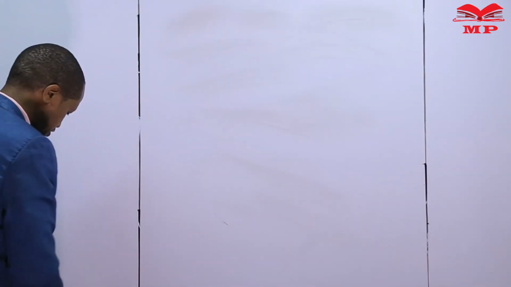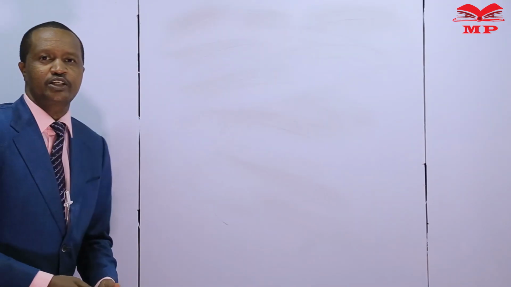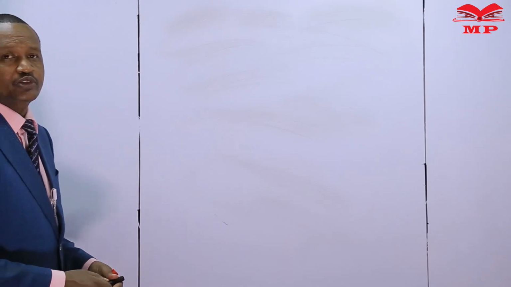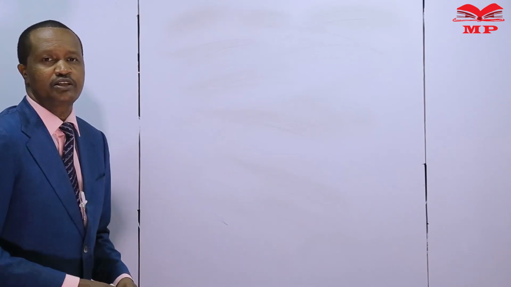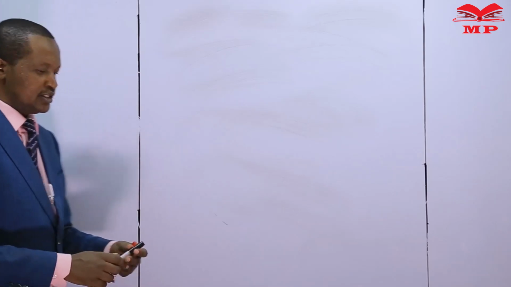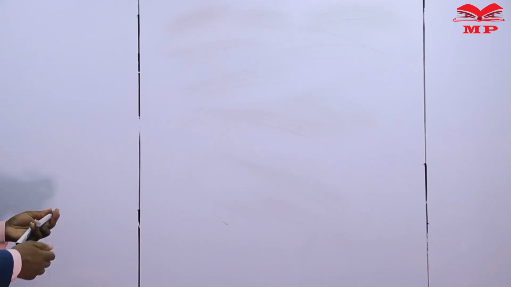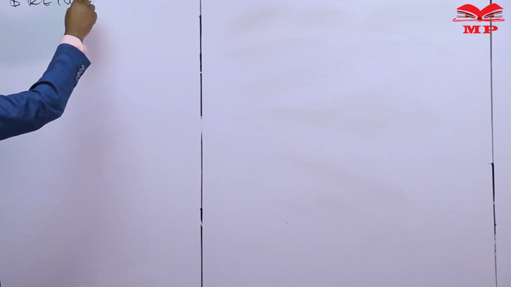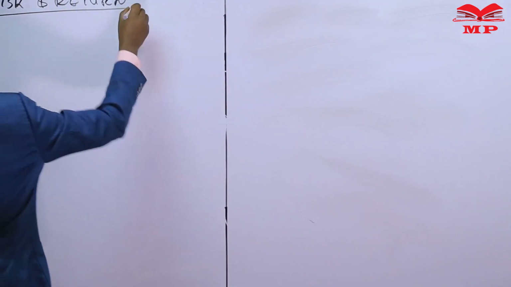So today we proceed from where we stopped. Last time we were talking about measurement of risk, and we say that standard deviation is used to measure risk. Our topic is risk and return.